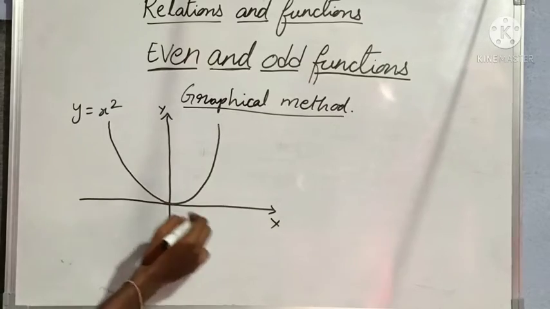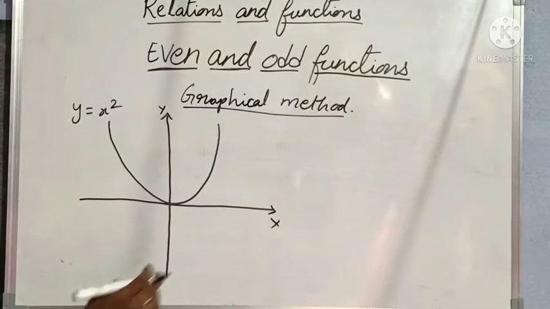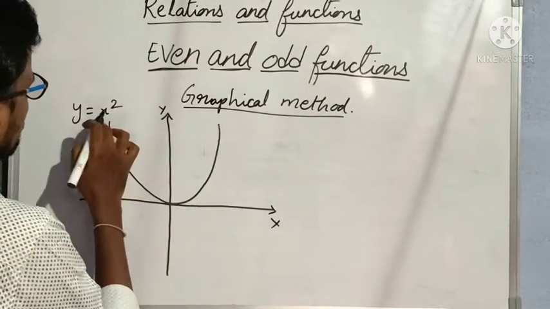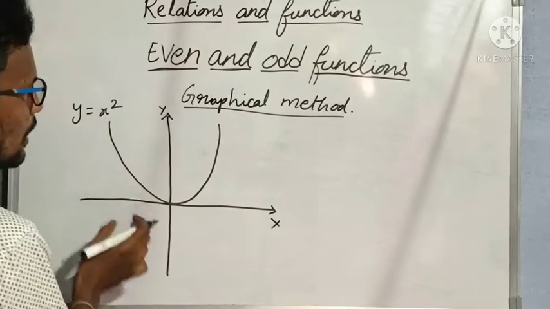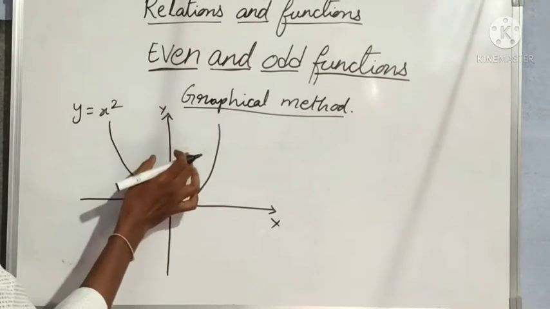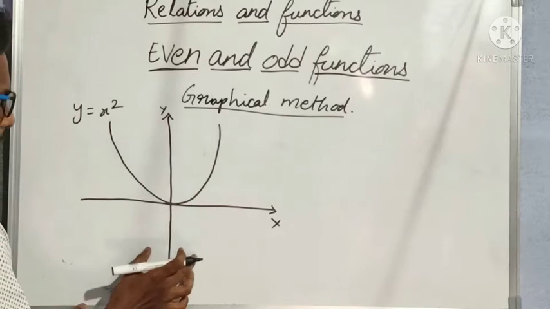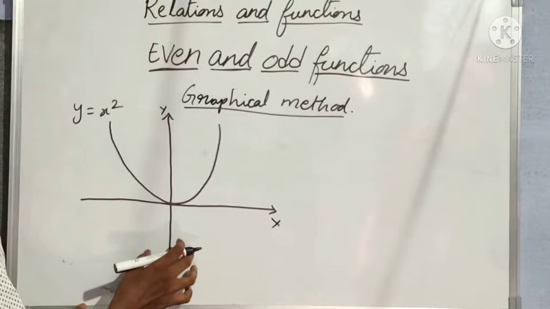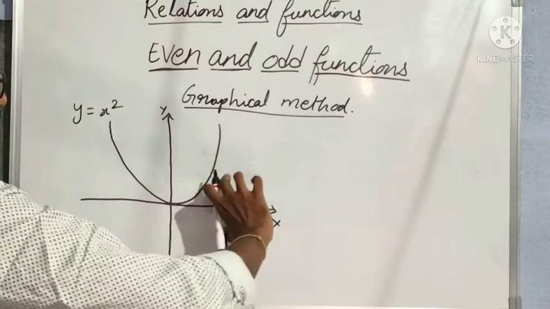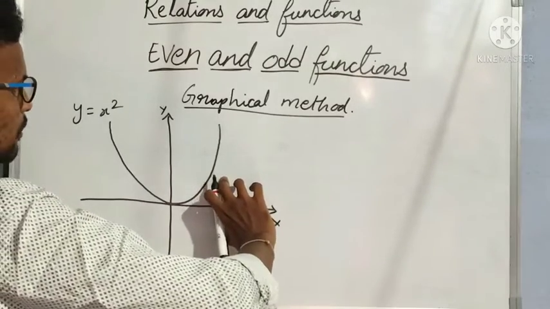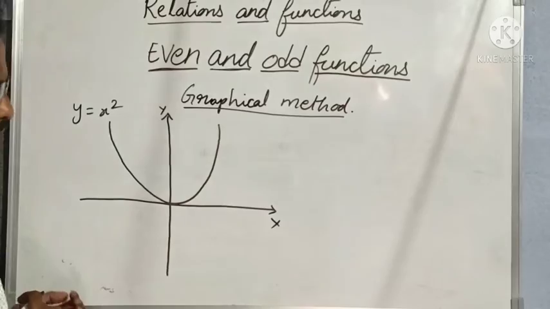Why are we not getting a downside parabola? Because here whatever the value of x you take, y will always be positive only but not negative. So positive y-axis is nothing but upside. Okay, downside is negative y-axis. And this completely is the positive x-axis and this completely is the negative x-axis.